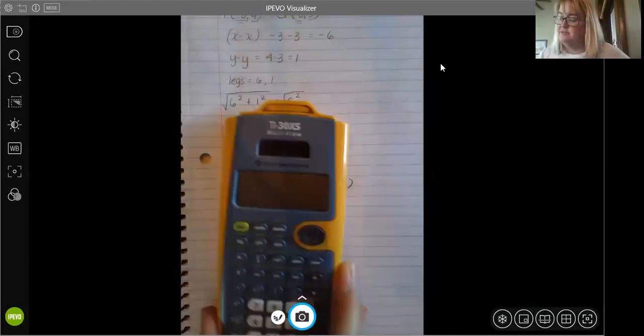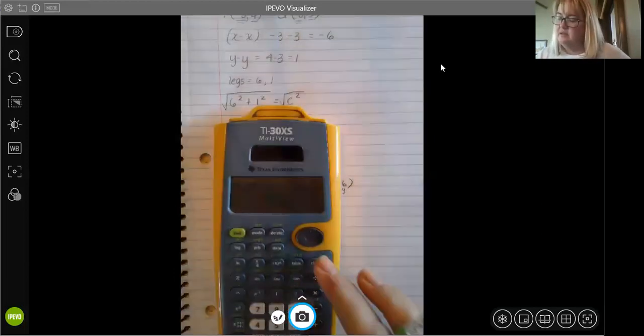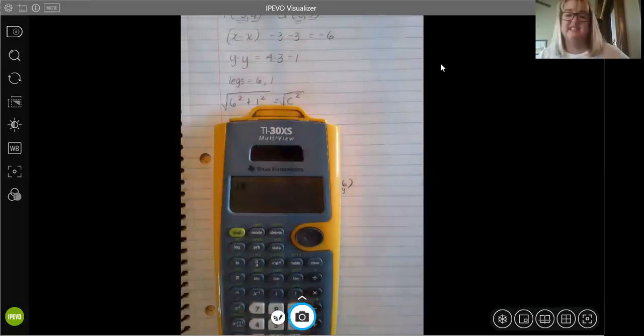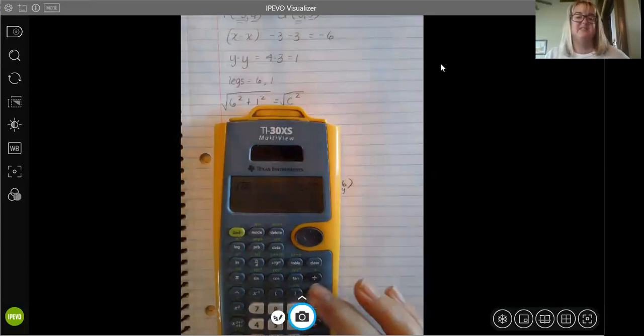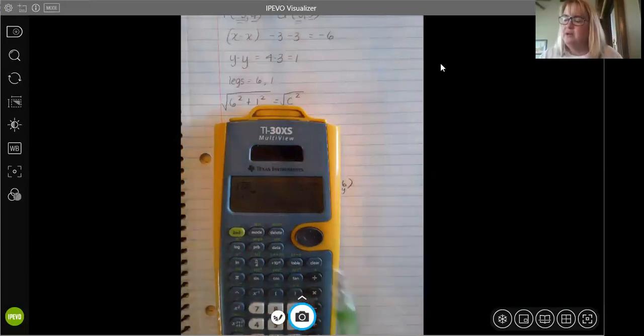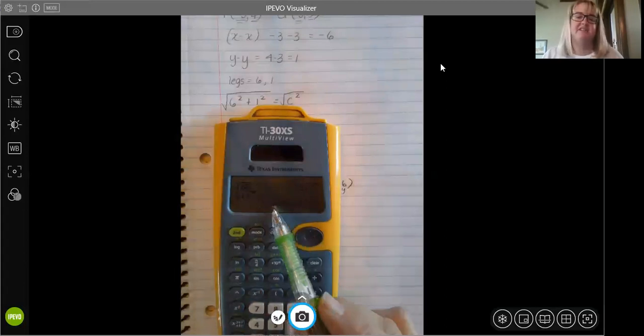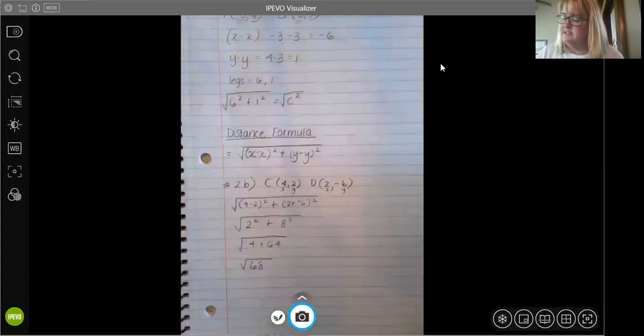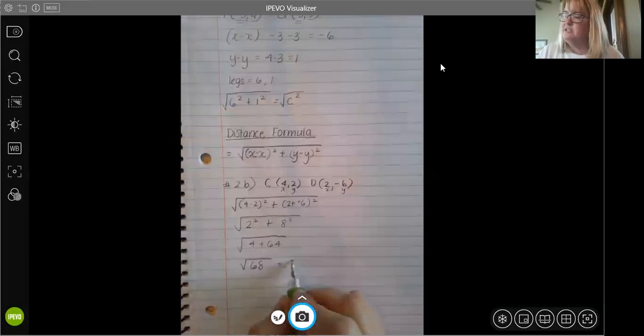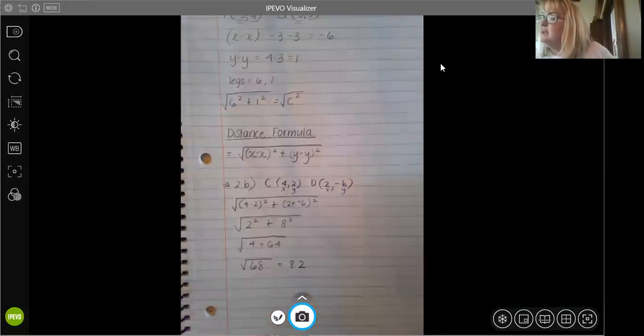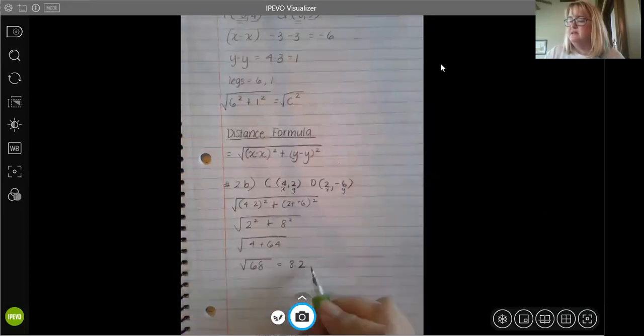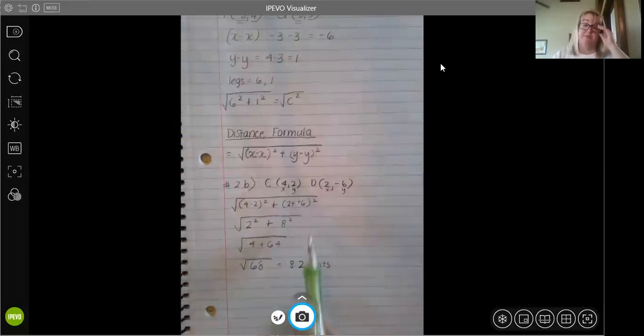Get our calculator. And 68, enter, let me make that a decimal, is about 8.24. We're rounding to the nearest tenth, so the 2 stays where it is. It's about 8.2, and we aren't given a unit, so it's 8.2 units. So these 2 points, C and D, are 8.2 units apart.